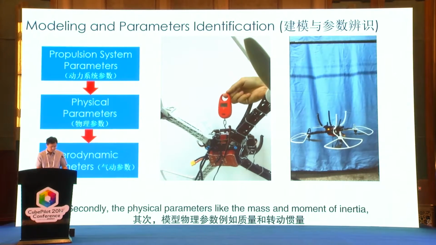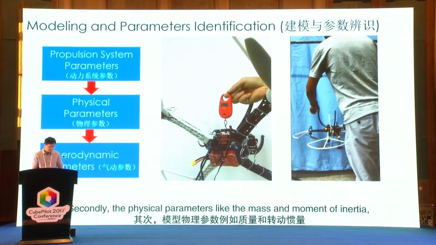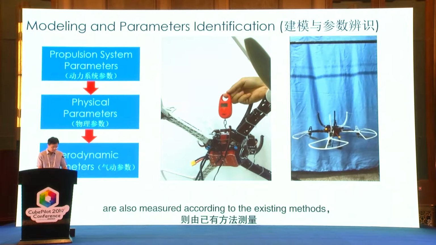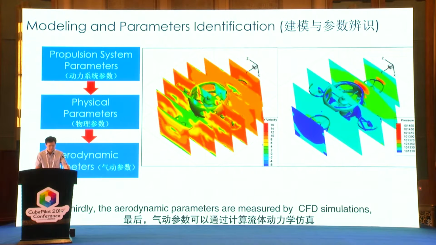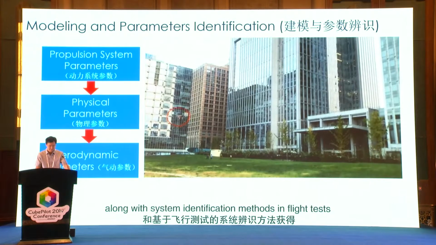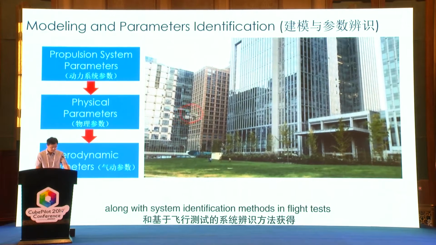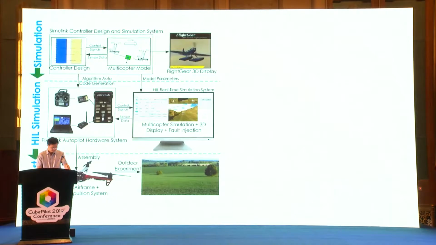Secondly, the physical parameters like the mass and moment of inertia are also measured according to the existing methods. Thirdly, the aerodynamic parameters are measured by CFD simulations along with system identification methods in flight tests.